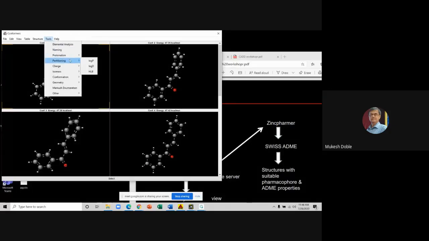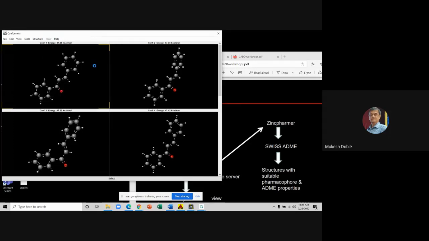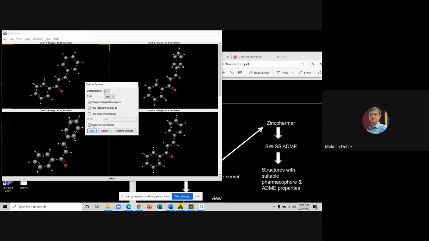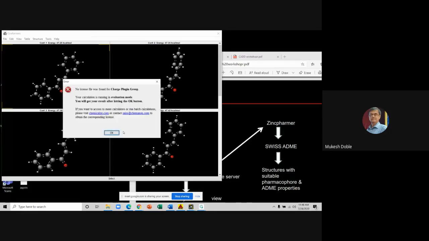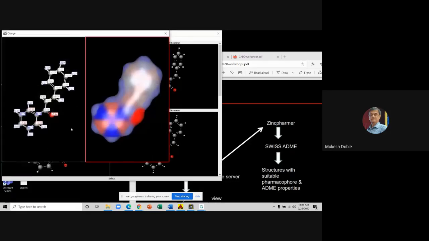And then it can also calculate charge distribution on the molecule. Yeah, this is the charge. So negatively charged is your oxygen, the rest are positively charged. Of course, some negative charges are coming because it needs to be balanced, positive, negative.